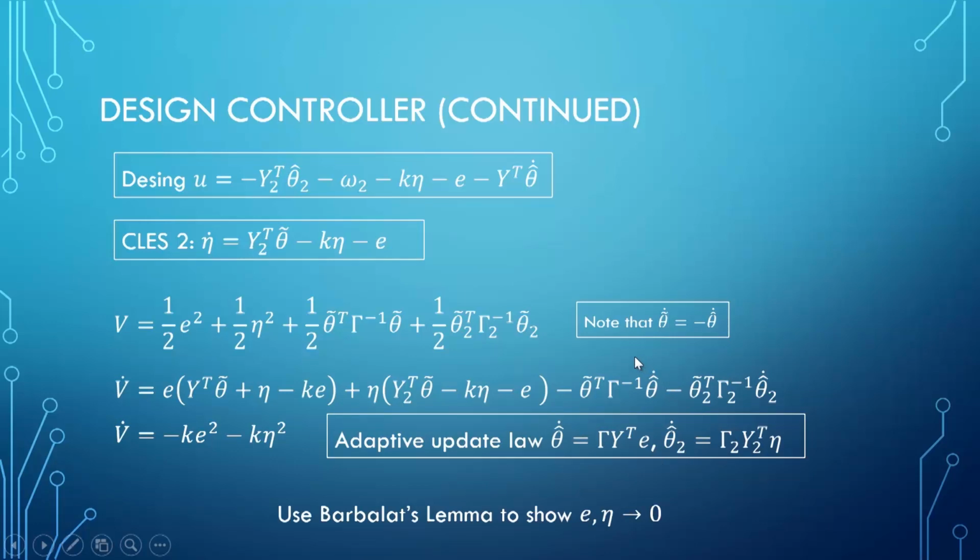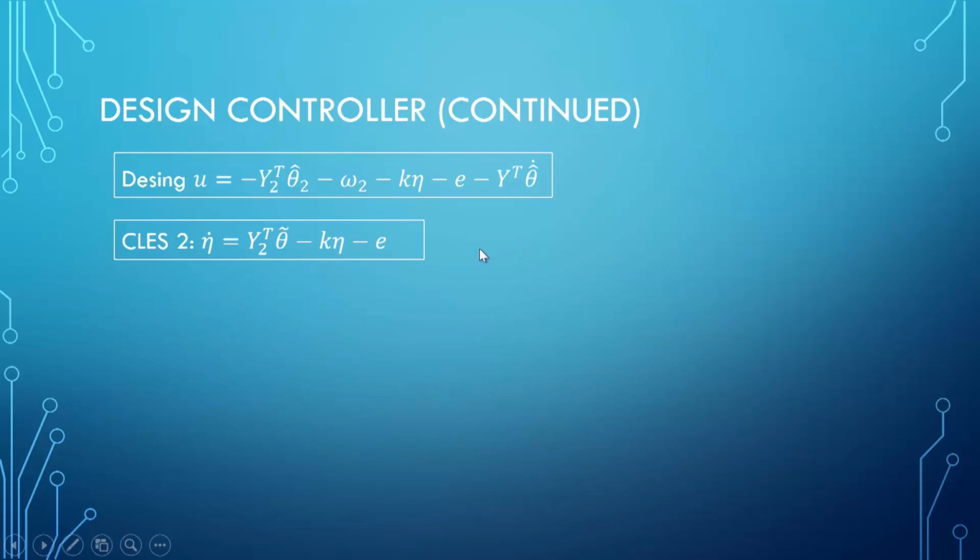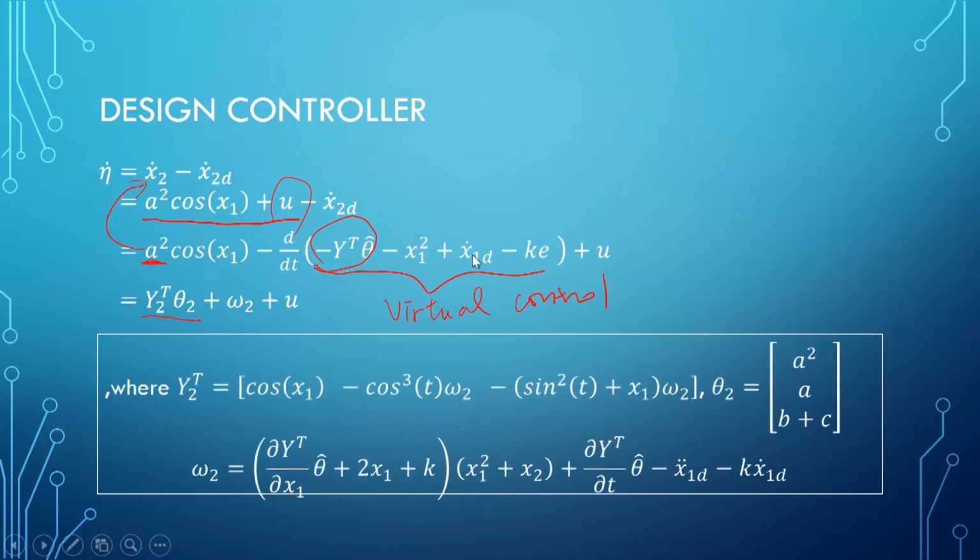Okay, that's the complicated part. So you need to regroup terms twice. That gives you y2 and theta 2 here. Okay, and you need to take the time derivative here. Okay, and you need to be careful when you take the time derivative on some of the parts.